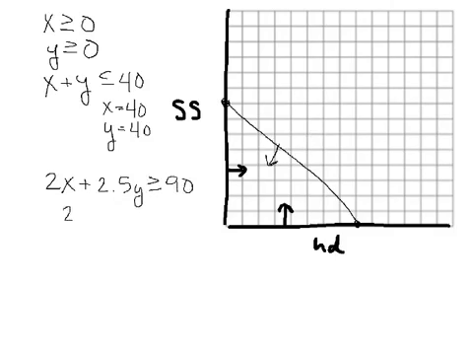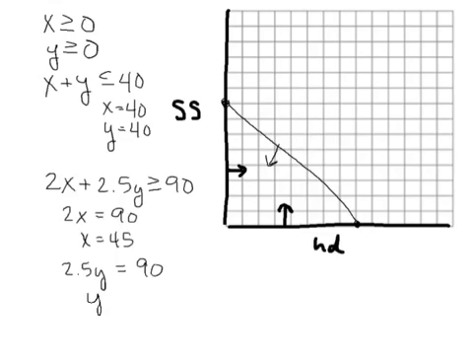Our x-intercept, y would be equal to 0, so x equals 45. Our y-intercept, x equals 0, y equals 36. So let's graph that next equation.